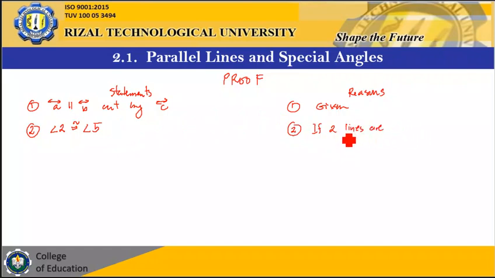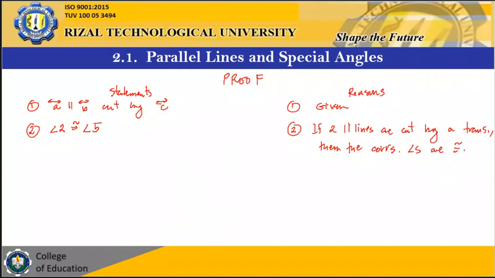To be specific, if two parallel lines are cut by a transversal, then we know that angle 2 and angle 5 are corresponding angles. Then the corresponding angles are congruent.